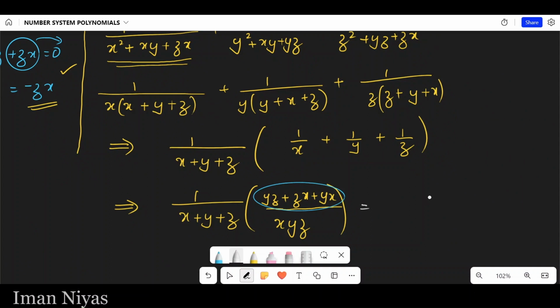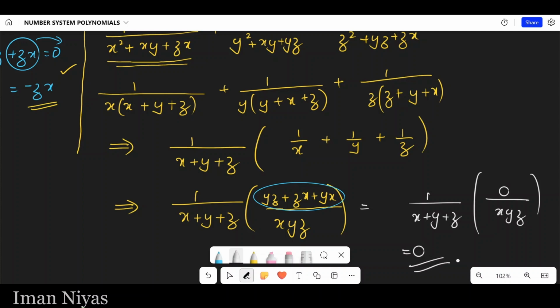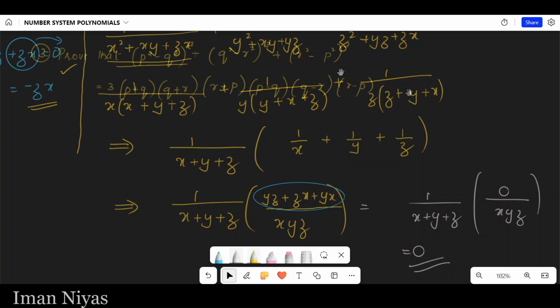This is equal to 1 by x plus y plus z, and inside the bracket you will get 0 by xyz. You know that 0 multiplied with any number, the answer will be equal to 0. So the value of this, once you have completed, you will get 0. Exactly.